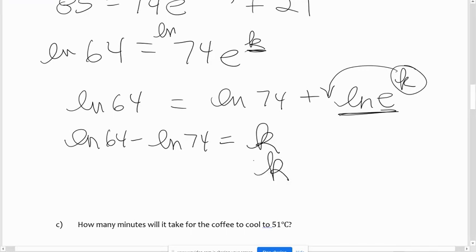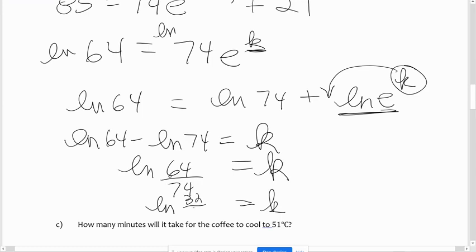So k would be equal to the natural log of 64 minus the natural log of 74, which we could rewrite as the natural log of 64 divided by 74 as a single log, because of properties of logs. And that can be reduced to the natural log of 32 over 37.